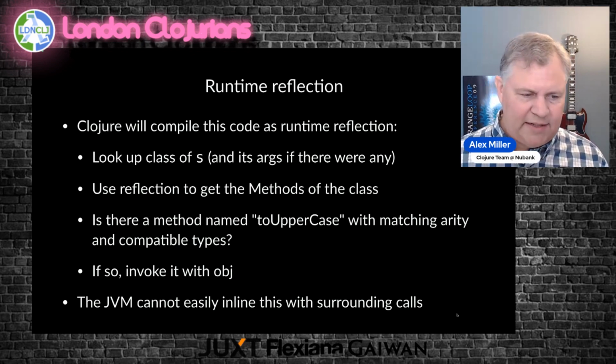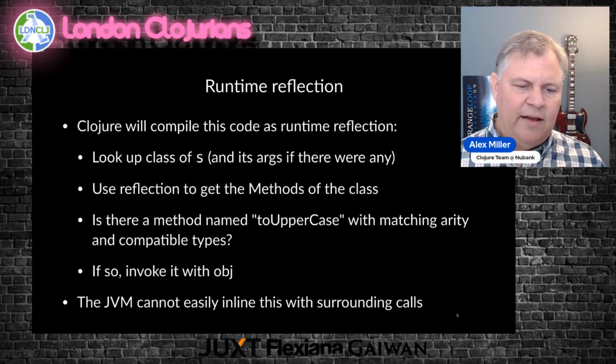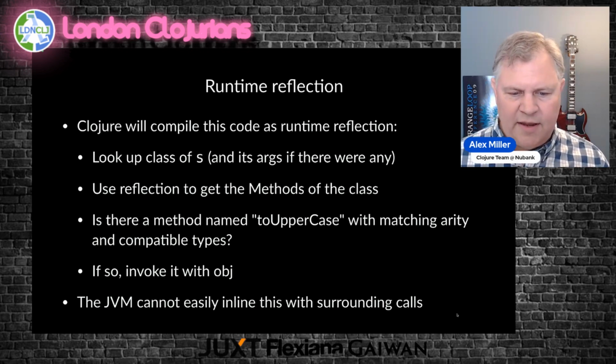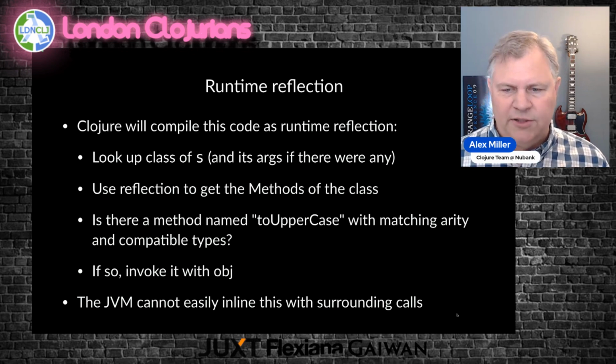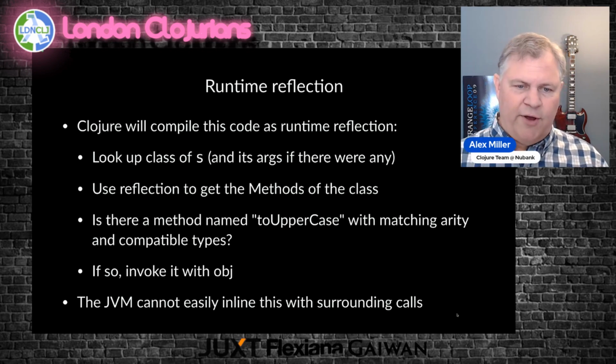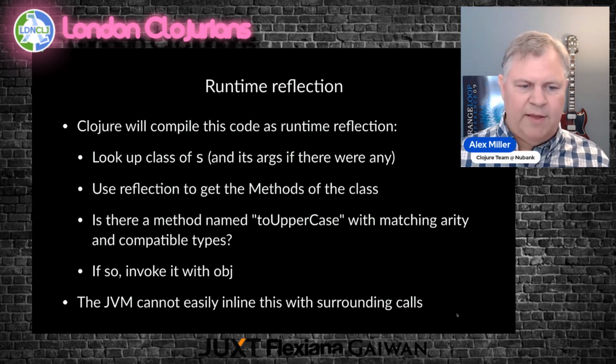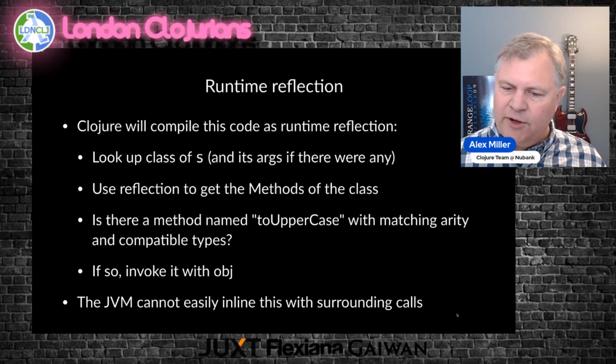One of the big downsides, this last bullet, is that if you're using reflection, then it's much harder to inline that invocation because you've turned what was one call into a whole bunch of calls to do all this work at the top. And that makes your method body much larger. It makes it harder to inline. And inlining is really the path to most JVM optimizations.